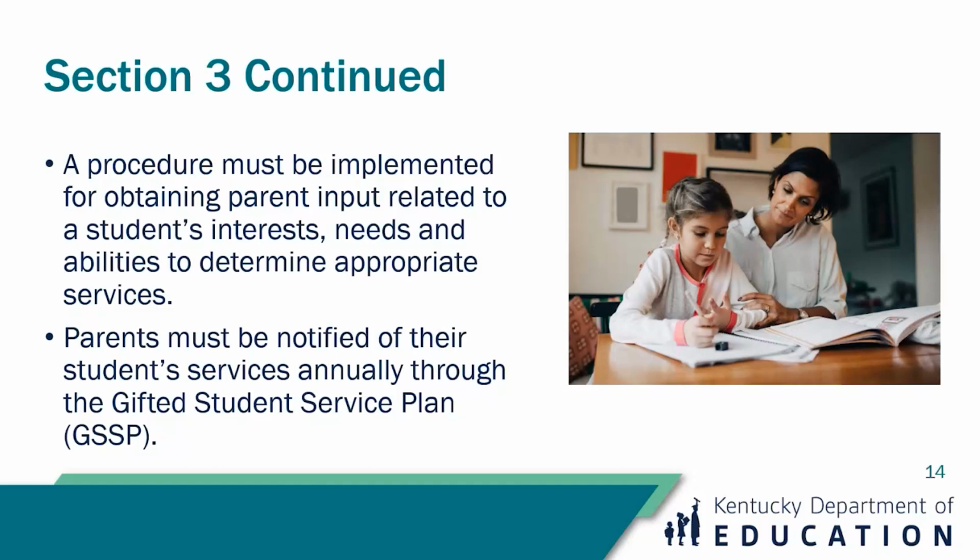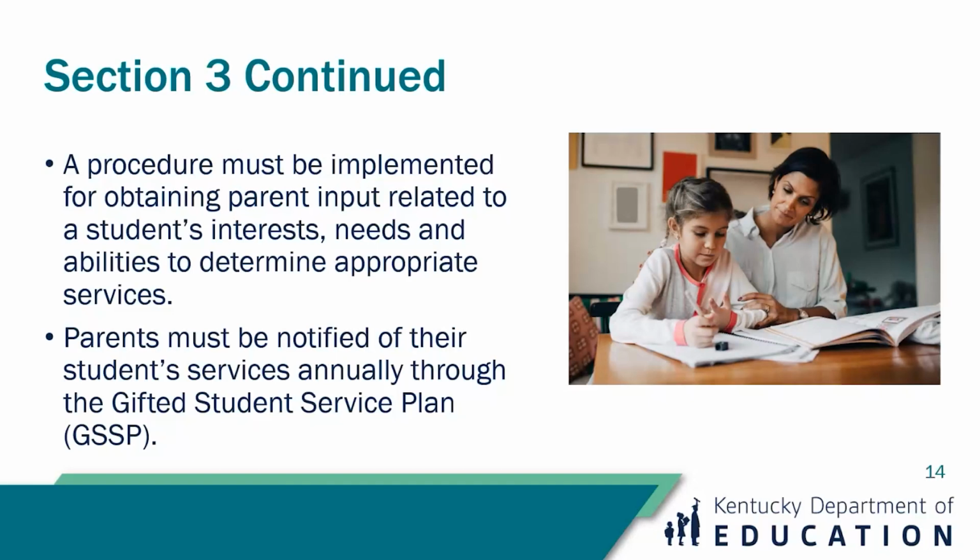Section 3 also talks about the districts must have a way to implement a procedure to gather input from parents about services that will be considered for the Gifted Student Service Plan. There are Gifted Student Service Plan forms in Infinite Campus.